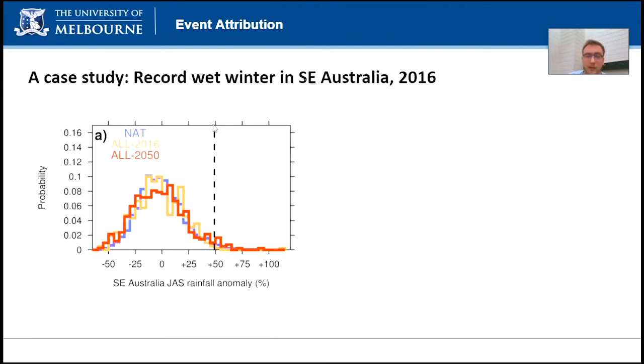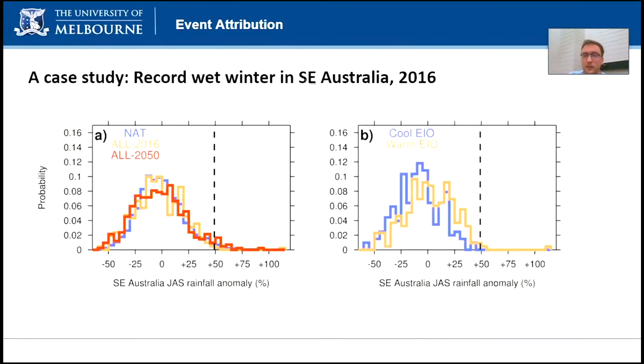And the dashed line here represents where 2016 is, and you can see that in the tail of the distribution there isn't much of a change either. However, if we look at comparing winter rainfall anomalies for cool East Indian Ocean conditions in the current world in blue, and warm East Indian Ocean conditions in the current world in orange, we do see a shift in the distribution.